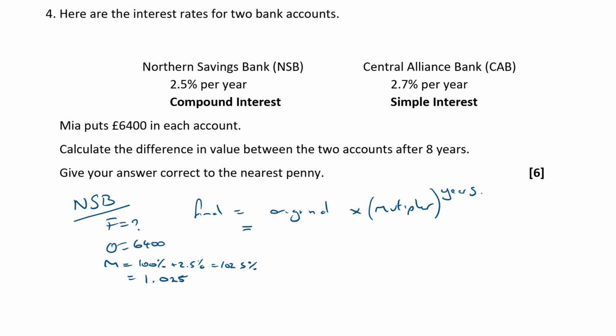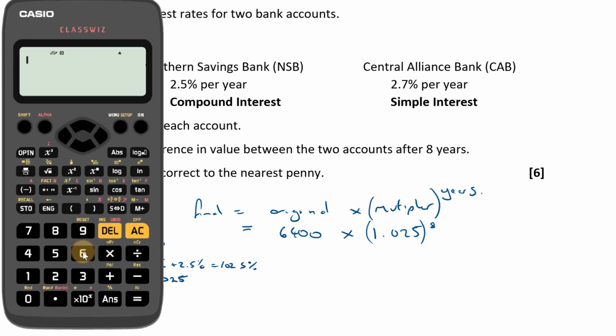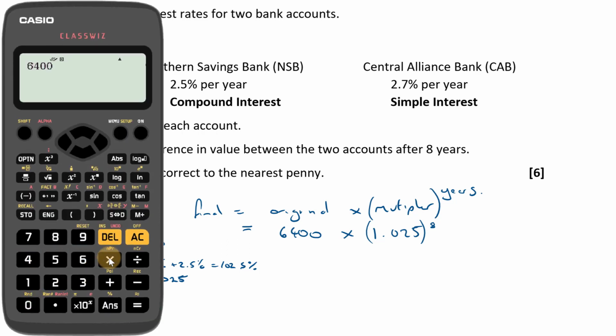So my final amount is going to be my original amount, which is 6,400 times by 1.025 raised to the power of 8. Now, tapping that into my calculator, because I can't do that sort of maths in my head. 6400 times 1.025 to the power of 8.